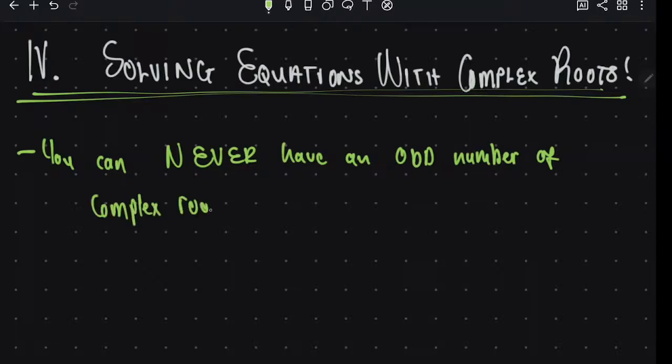Remember, roots are solutions to an equation. So you cannot have an odd number of complex solutions. You can't have 3 complex solutions. That's not maths. The rules say you can't. So you should never go against the rules.